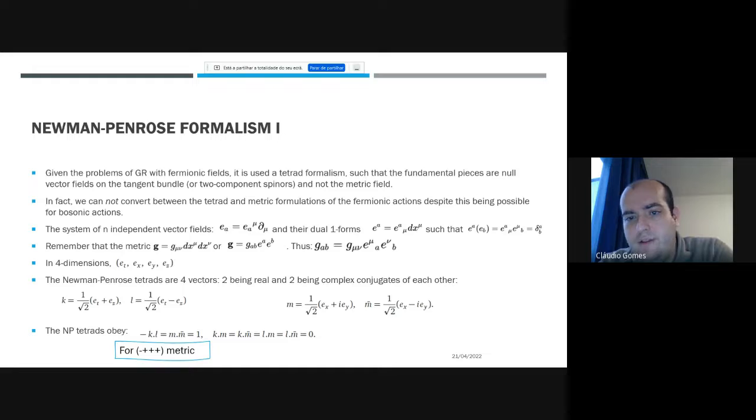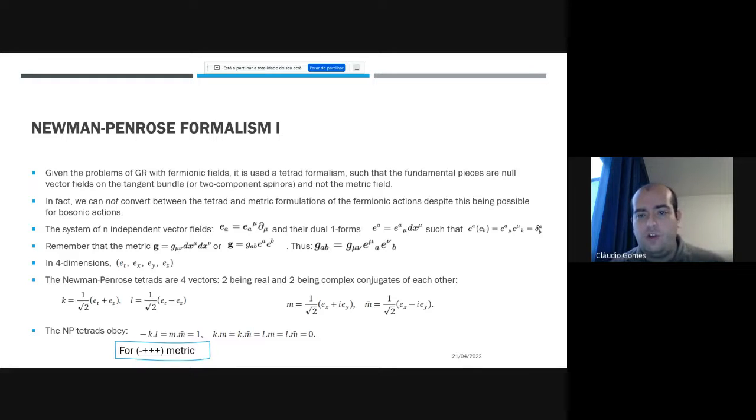As in bosonics, it works pretty well. So usually when we introduce semi-integer spins, namely for fermions, we have some problems. Namely, we need to introduce a further formalism called the spin connection one.